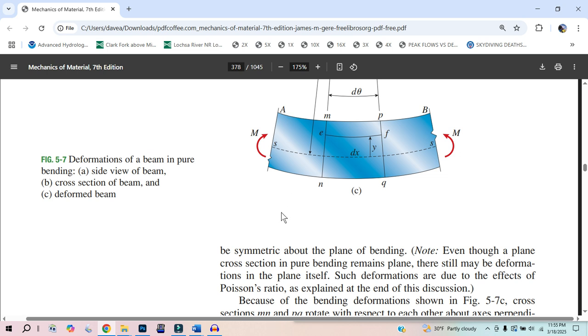If I throw in change in length per length, that's strain, multiply it by 29 million, and out pops that pressure. Yeah, 50,000 psi. If it's half, it's going to be like 25,000. All right, so sweet.